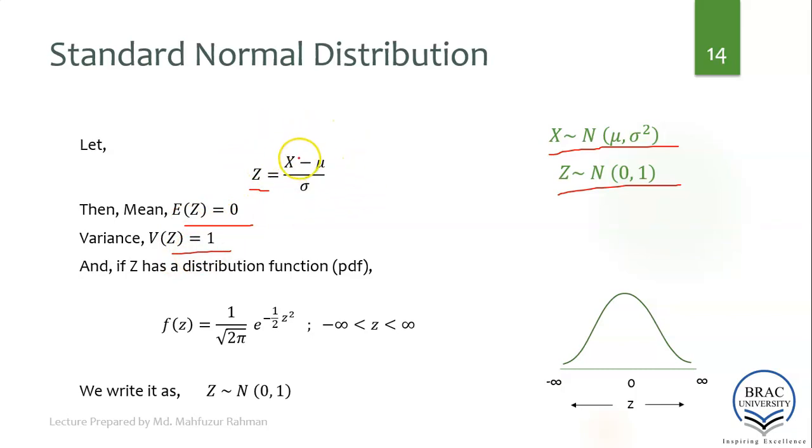What you need to do, if you have a value of random variable x, put this value and take the difference from the population mean and then divide it by the corresponding standard deviation value.